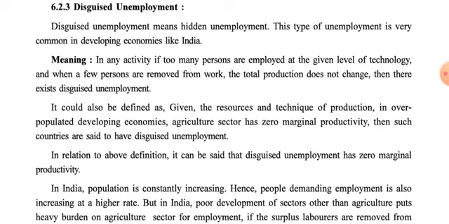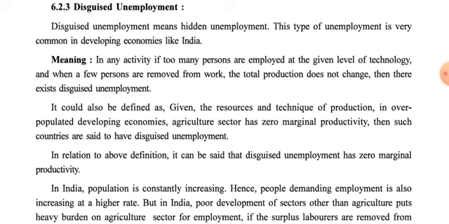And here we are going to discuss disguised unemployment. Basically, this type of unemployment is seen in the countries where agriculture is the main occupation of the economy. So let us start discussing disguised unemployment.